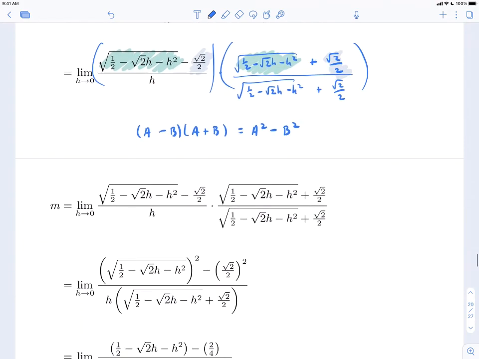So here I've just written down exactly the same thing that's on the previous slide. I've just typed it up so it looks a little bit nicer, but this is our b. This is our b term, which is going to give us a b squared. So that's this term right here.